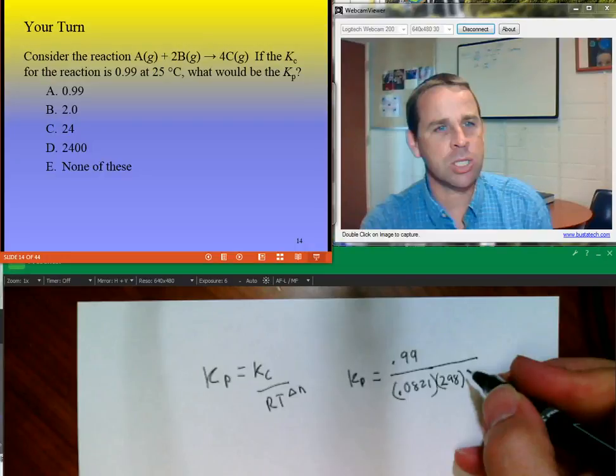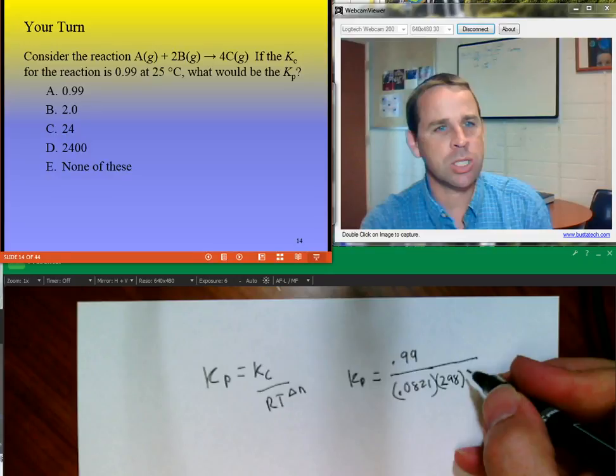All right, so 4 minus 3, this is going to be raised to the 1. All right, so I'm going to put in my 0.0821 times my 298. That's raised to the 1, so I don't have to do anything there. 0.99 divided by that value. So, whoops.